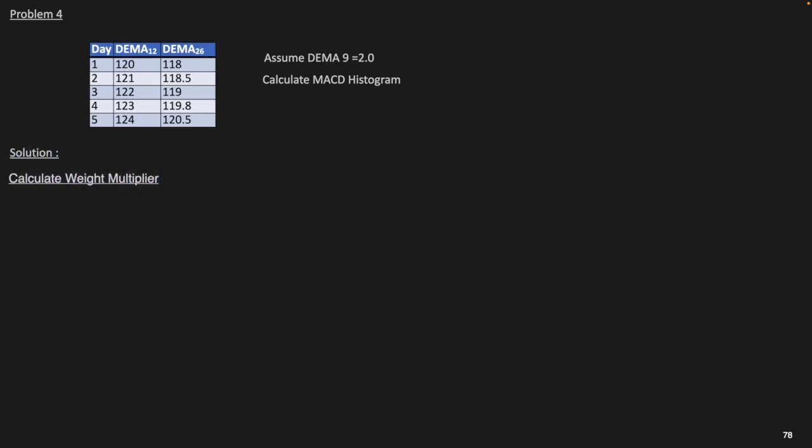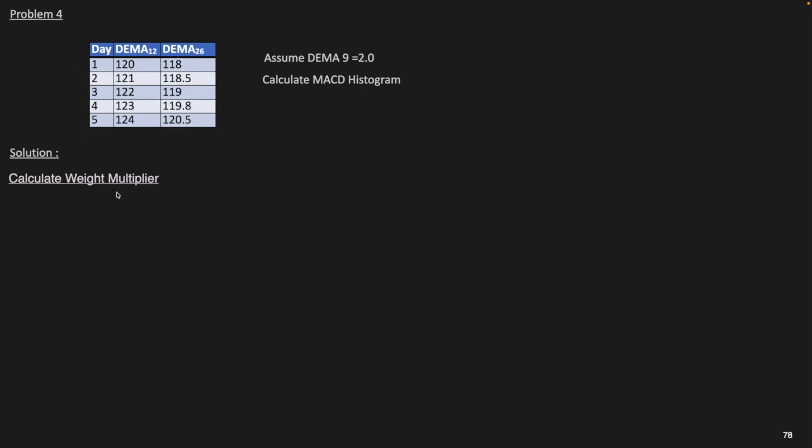Now calculate the MACD histogram also, they have said. So in order to calculate the MACD histogram, what do we need? We need MACD value and we need signal value, because MACD histogram formula is MACD value minus the signal value. So we need MACD value also, we need signal value also. For that we need to calculate the signal value for the next 5 days.